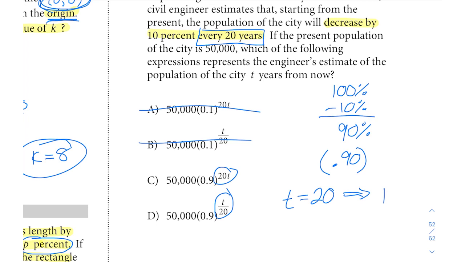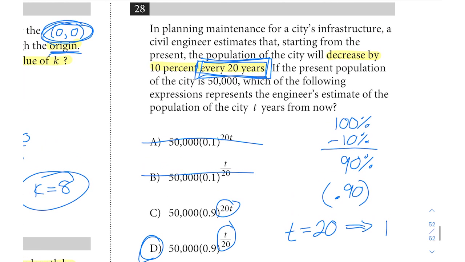So here, when you plug in a 20 for t, you should get, for your exponent, a value of 1, that you're multiplying by 0.9, or 90%, just one time, because it's one change every 20 years. So when they say every 20 years, that's their way of letting us know that we will be, for our exponent, dividing by 20 in this question, which is answer choice D.